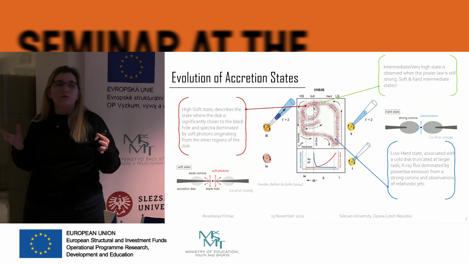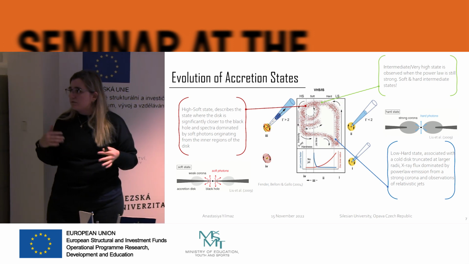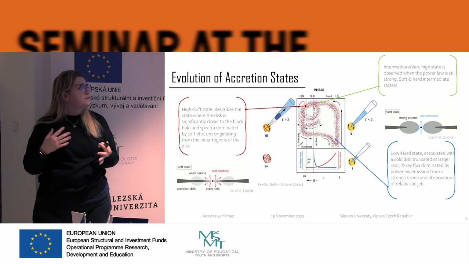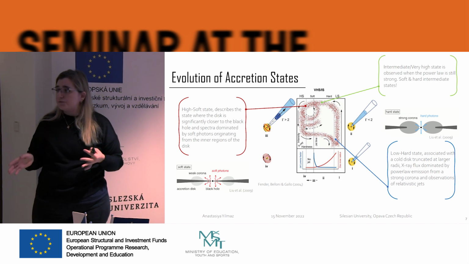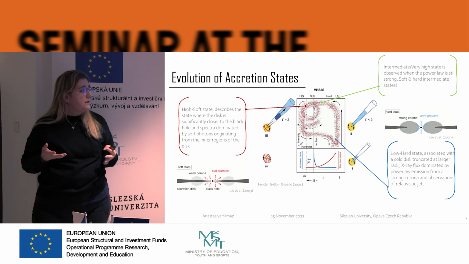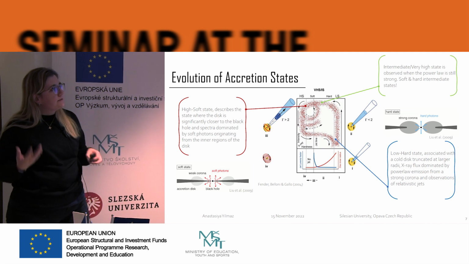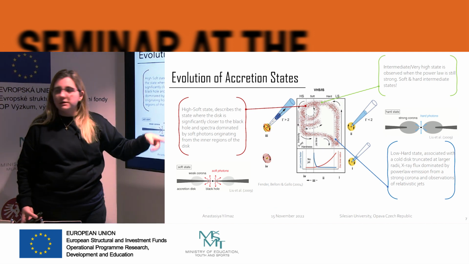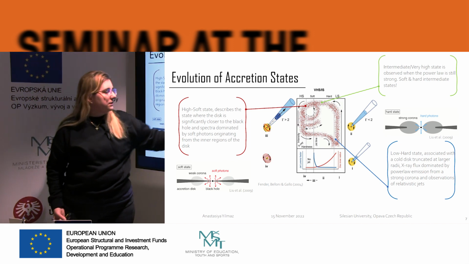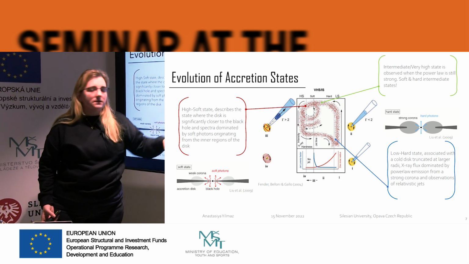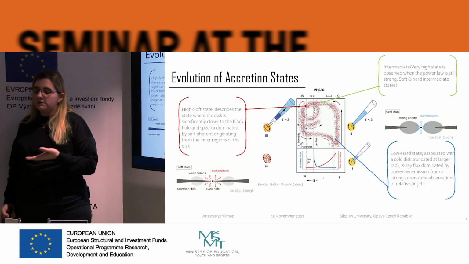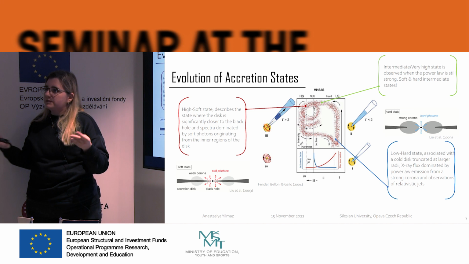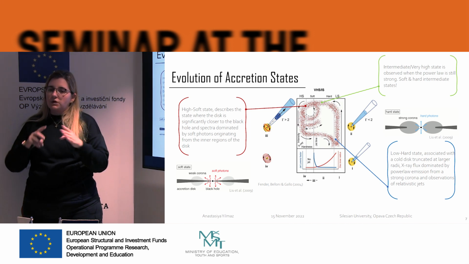The biggest picture is that these systems are very variable. They go through many accretion states, and they have tons of outbursts observed so far. The main characteristics of this evolution is that you can track it in a hardness intensity diagram. On the x-axis is the hardness, which defines how energetic or less energetic your spectrum is.